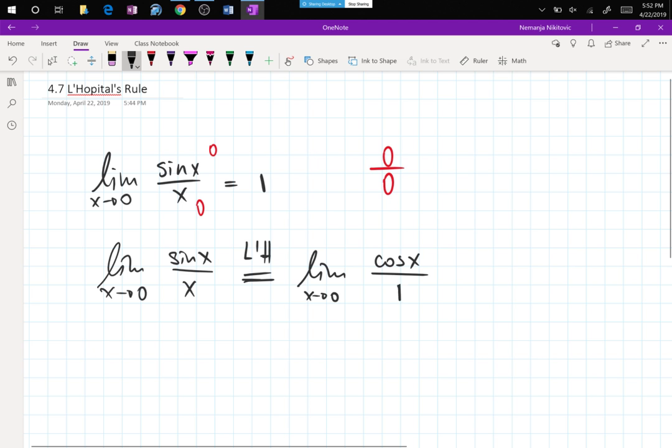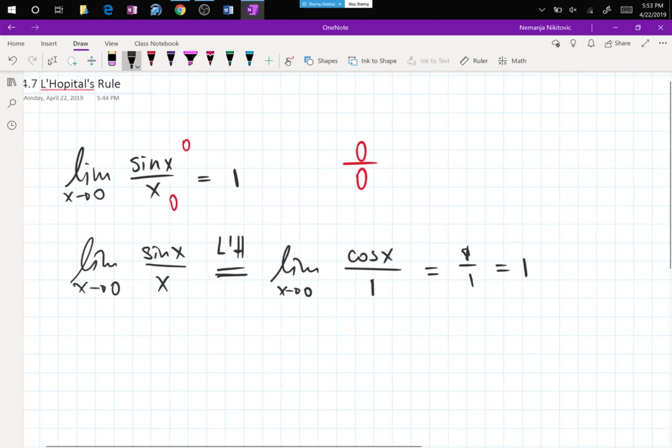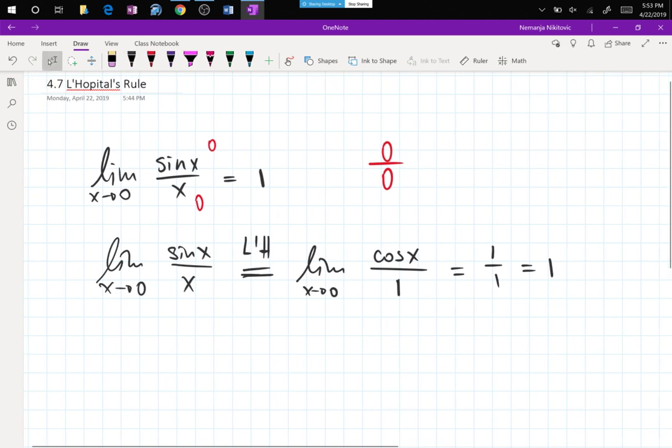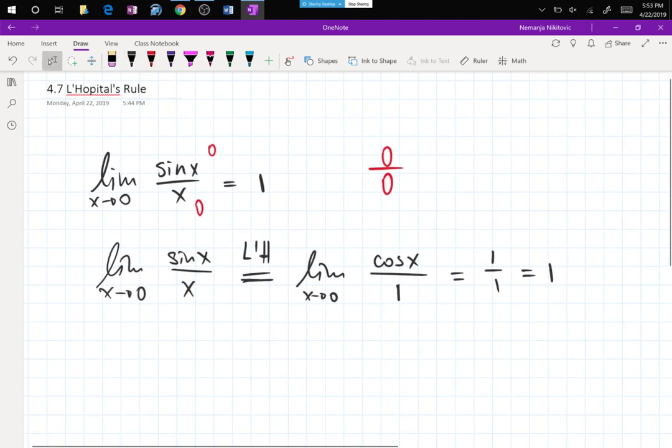And now this becomes a very simple limit, 1 over 1 equals 1, and that's how you end up with the limit from chapter 3 that you were told, this is what it is, don't worry about it. Now you actually have the way to compute this one.